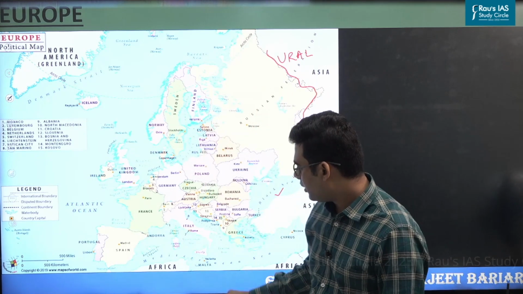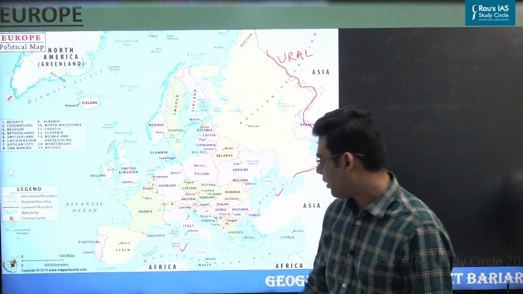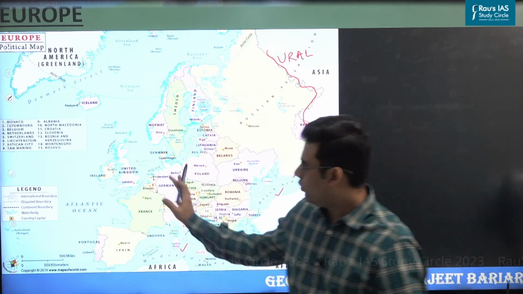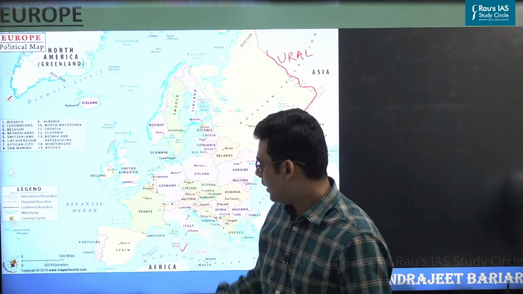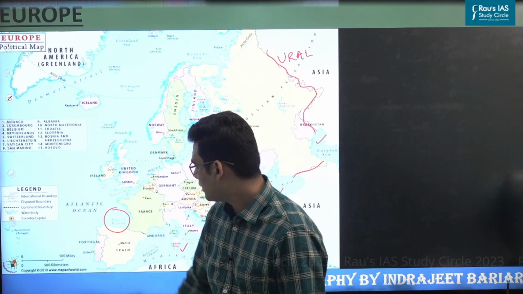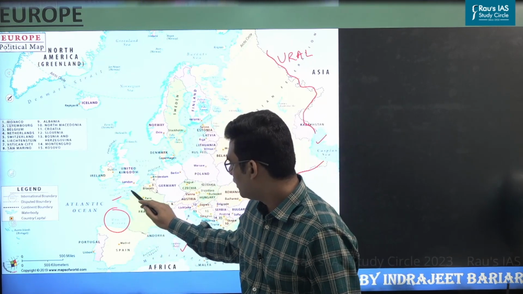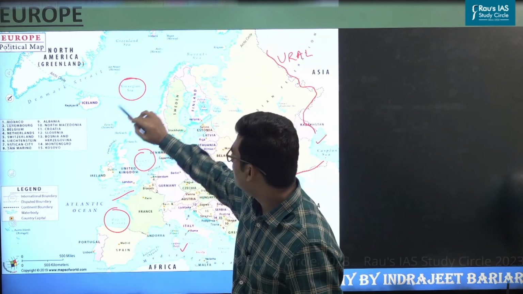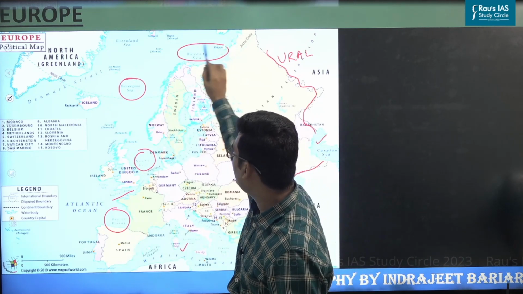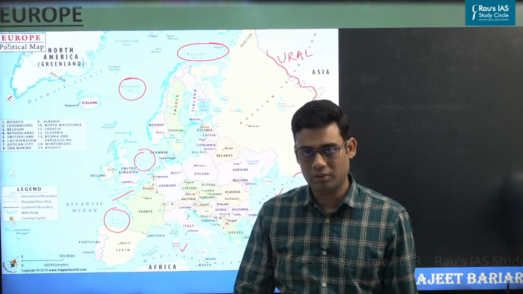After that, the continent is separated from Africa by the Mediterranean Sea, and towards the west we have the Atlantic Ocean. In the parts of the Atlantic Ocean we have the Bay of Biscay over here, the English Channel, North Sea, Norwegian Sea, and towards the north of this continent lies the Barents Sea.